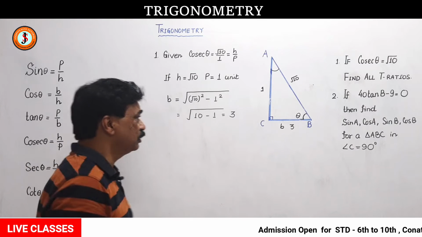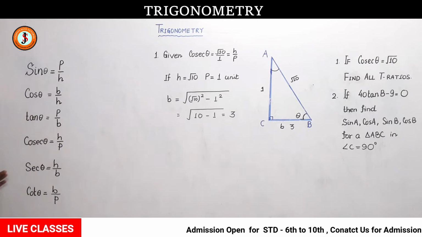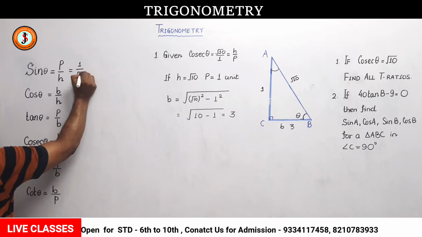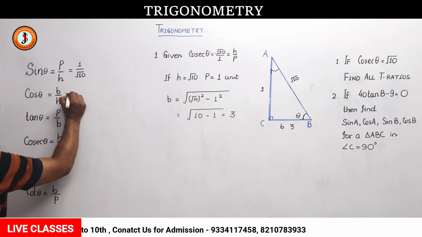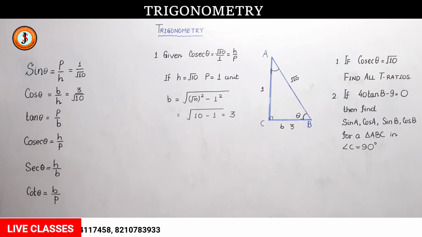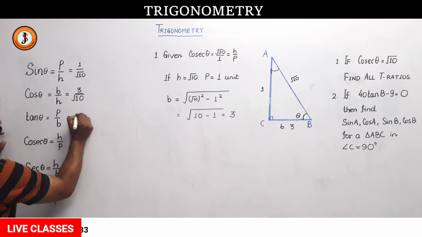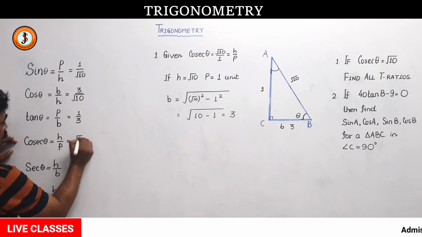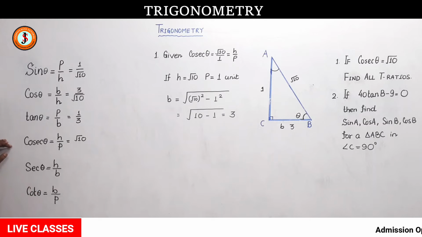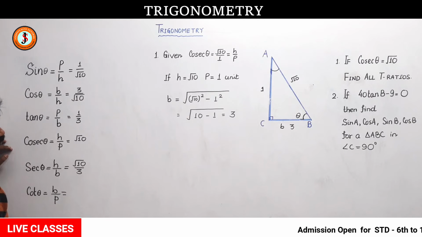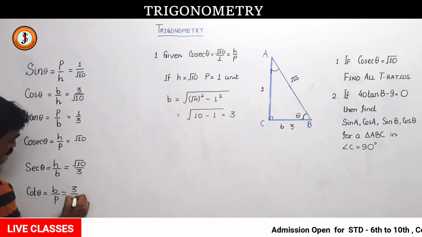Now it becomes very easy. We already should write sine, cos, tan as the formula. Sine is perpendicular by hypotenuse, then cos is base by hypotenuse, 3 by root 10, then tan is perpendicular by base, 1 by 3, then cosec is hypotenuse by perpendicular, root 10 by 1, so we can write it as root 10, then sec is hypotenuse by base, root 10 by 3, then cot is base by perpendicular, 3 by 1, so this will be 3.